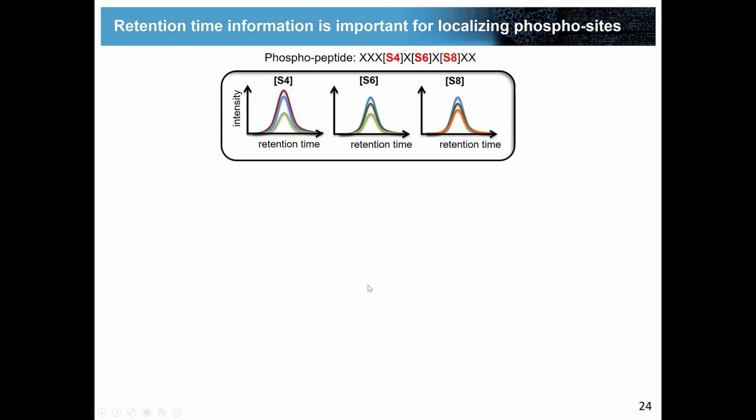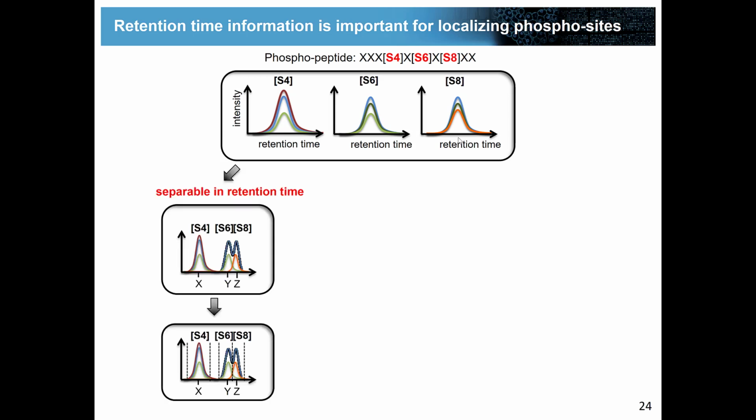Because if you have a case like this here, a phosphopeptide version with three different phosphorylatable amino acids, then it really matters whether these three different versions are coeluting or whether they are separable in retention time. If they are separable in retention time, you might get a picture that looks like this. And now you can use the unique transitions like this red one or this orange one to tell which of the three different groups is which phosphosite.